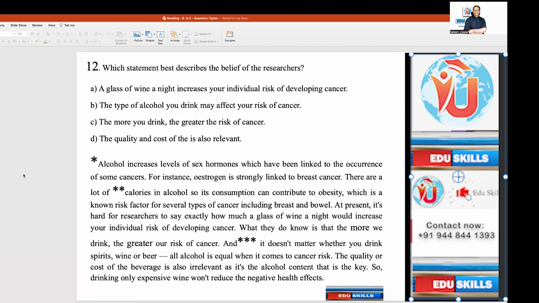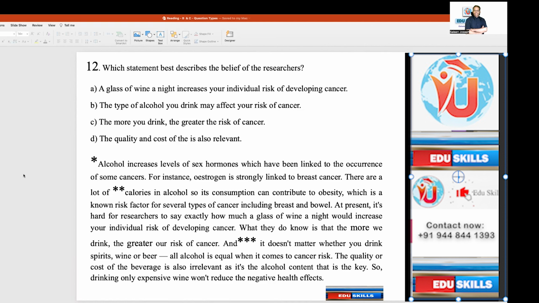Alcohol increases levels of sex hormones which have been linked to the occurrence of some cancers. For instance, estrogen is strongly linked to breast cancer. There are a lot of calories in alcohol, so its consumption can contribute to obesity, which is a known risk factor for several types of cancer including breast and bowel. At present, it's hard for researchers to say exactly how much a glass of wine a night would increase your individual risk of developing cancer.